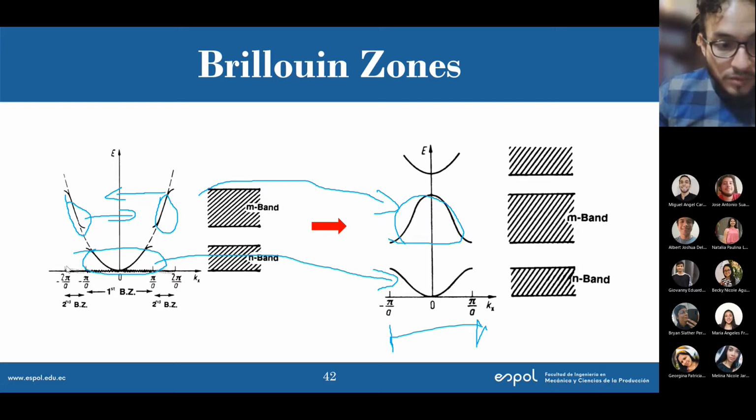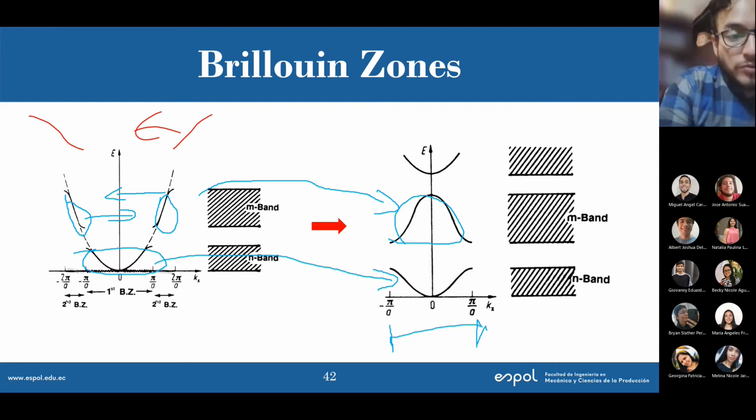Let me plot that. So that's going to be shifted to pi over 8, but anyway, it's going to be something like that, and that's going to be something like that. And then you shift that, again, multiples of 2 pi over 8, and you get this, right?